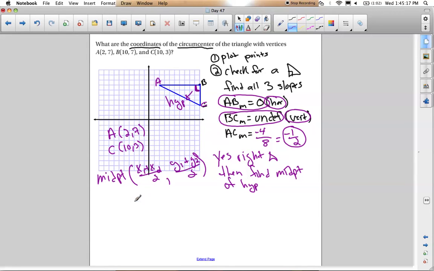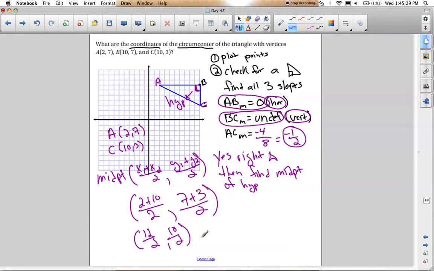So it's 2 plus 10 over 2, 7 plus 3 over 2, which is 12 over 2, 10 over 2, which equals 6, 5.